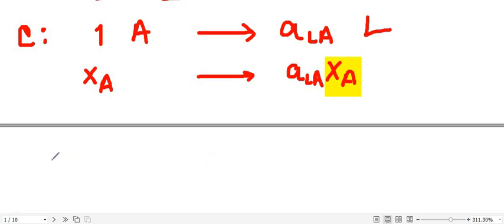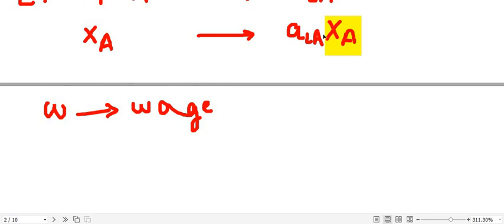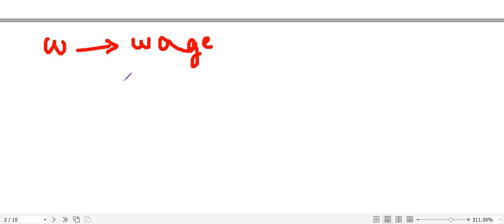So if W is the wage of 1 unit of labor, basically per labor unit wage, then I have to employ ALA amount of labor to produce 1 unit of output. So my labor cost will be ALA into W. For every labor I have to pay W. So for ALA labor I have to pay ALA W.